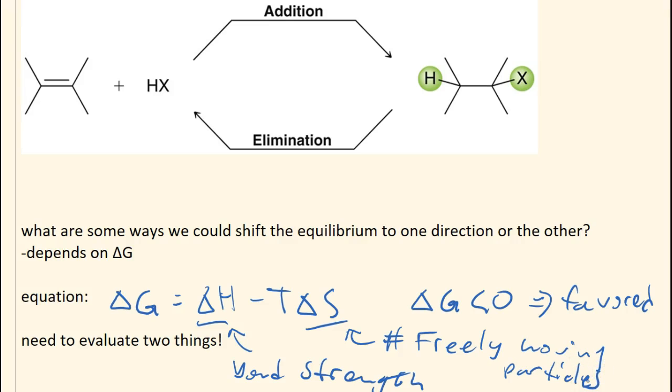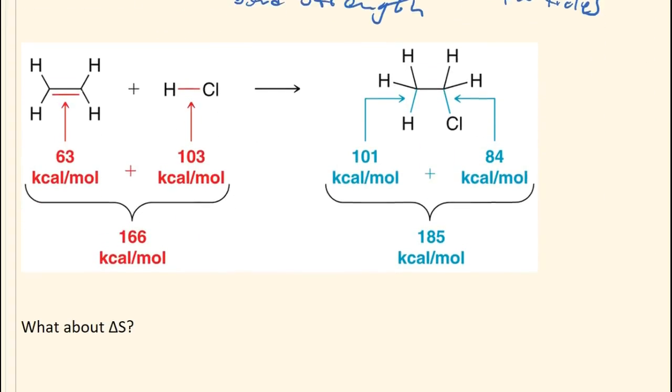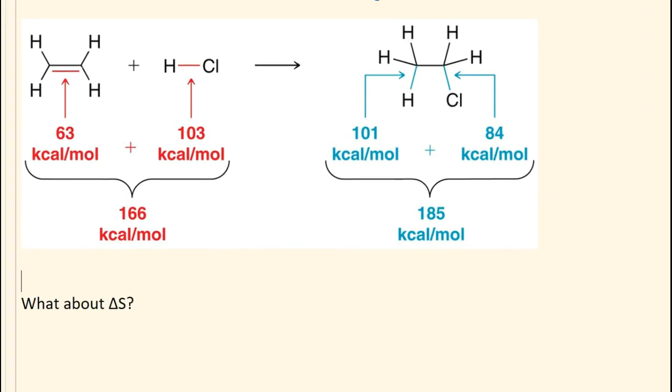Now we're going to look at it for a specific situation. Here I've got ethene and hydrochloric acid to make chloroethane. Okay.